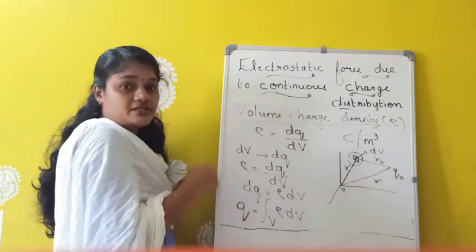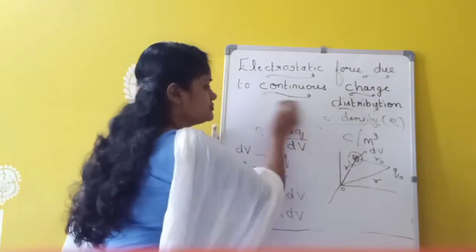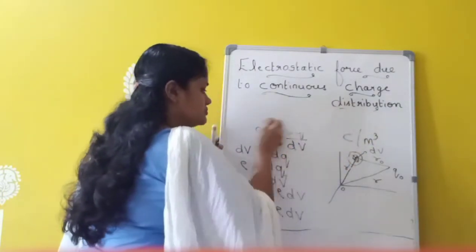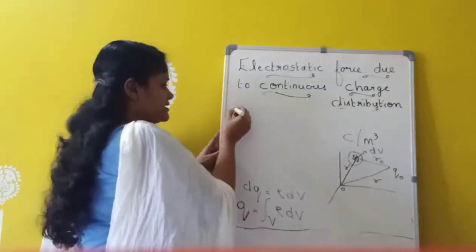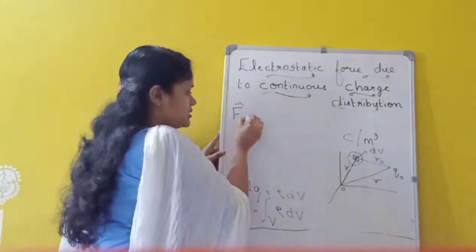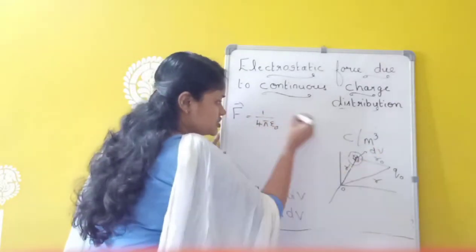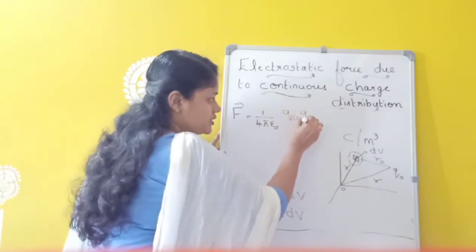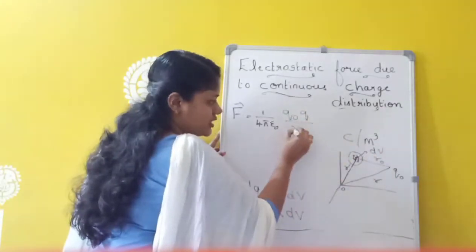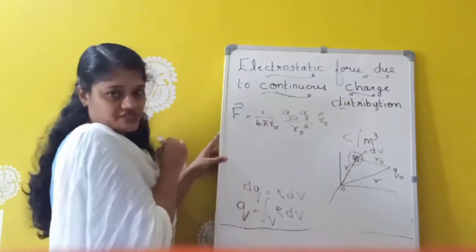Now we can substitute in Coulomb's force. The force formula is vector F equals 1 by 4 pi epsilon 0, charge Q0 into the total charge of the sphere Q divided by the distance squared, R0 square, into unit vector R0.